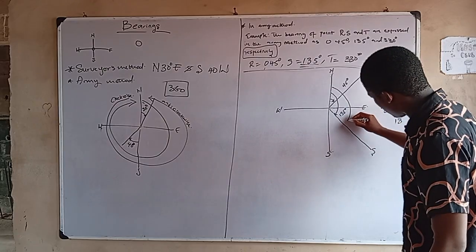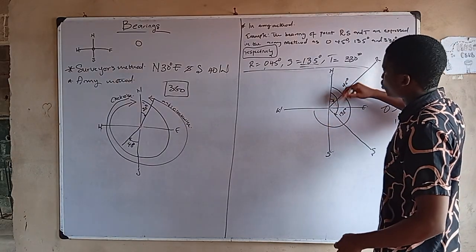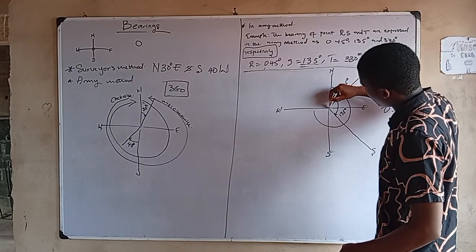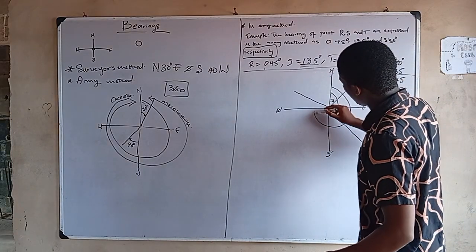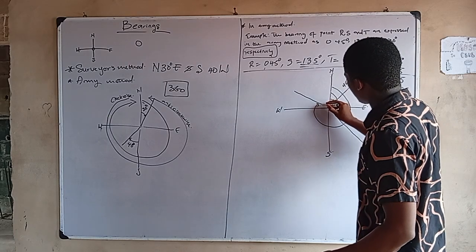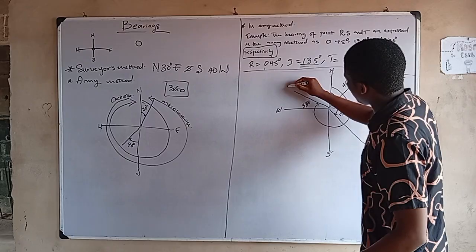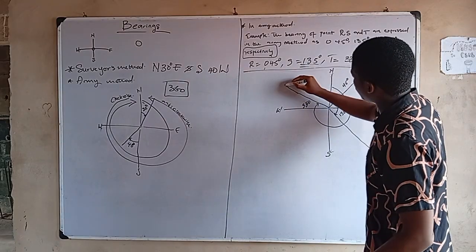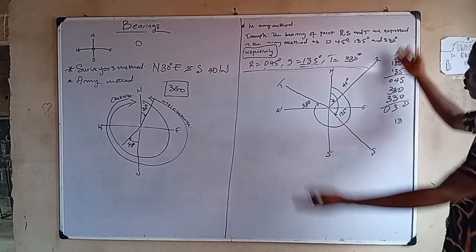Then when it comes to this side, this part is supposed to be a little bit larger, because half of it is this. So from here to here is your 330, and this side is your T. This is your T, and you are done already.